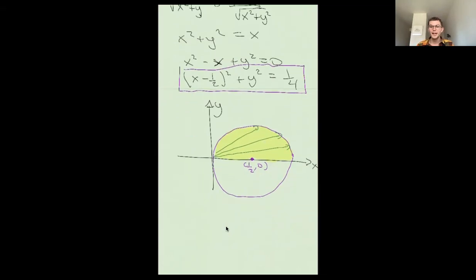Okay, you're almost there. We have the picture now. Let me rewrite the integral in polar coordinates. The question is to transform this into Cartesian coordinates, right? We wanted to transform this into Cartesian coordinates, right? Okay.